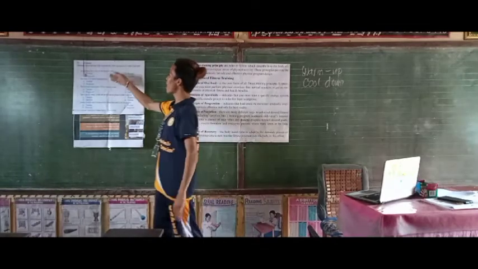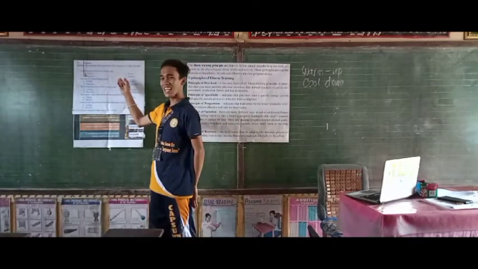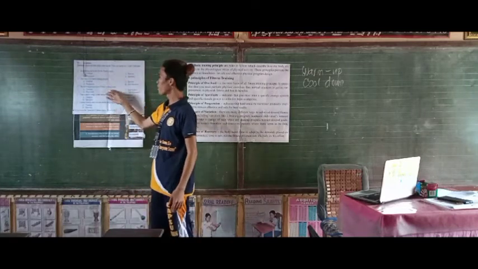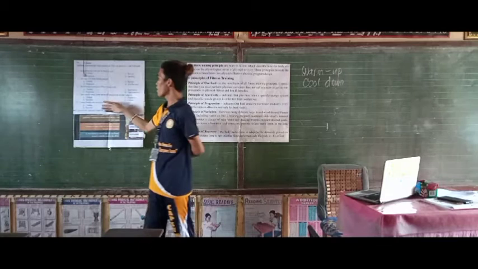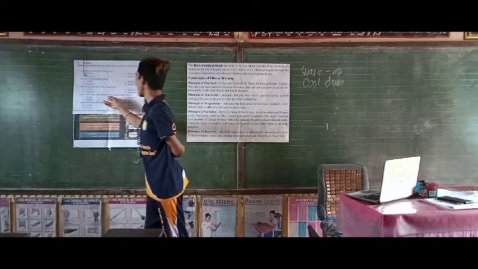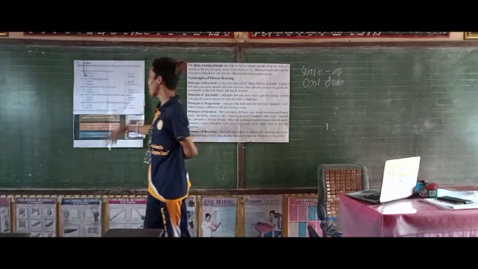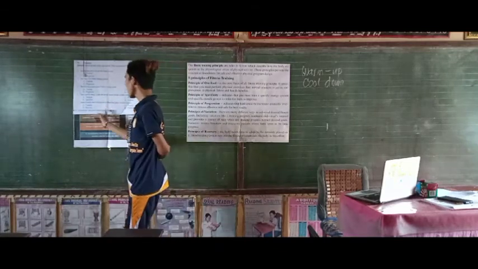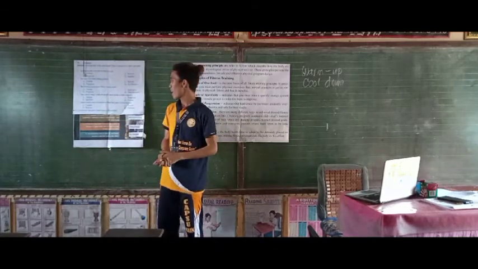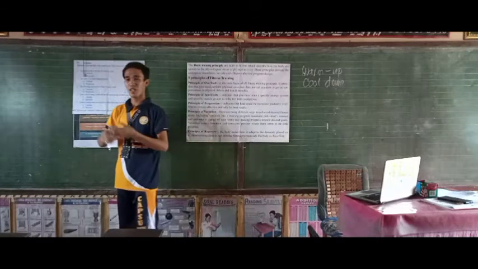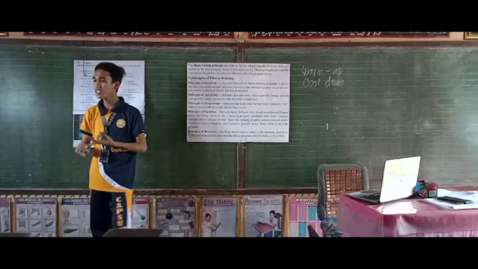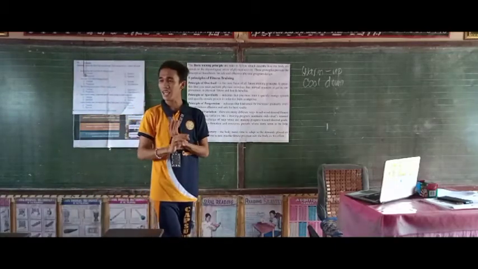Okay, number 1, letter C. Number 2, letter B. Number 3, letter C. Number 4, letter B. And number 5 is letter A. Okay, for 6 to 10, in any order: overload, specificity, progression, variation, and recovery.